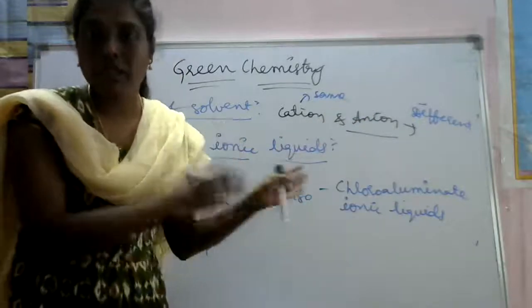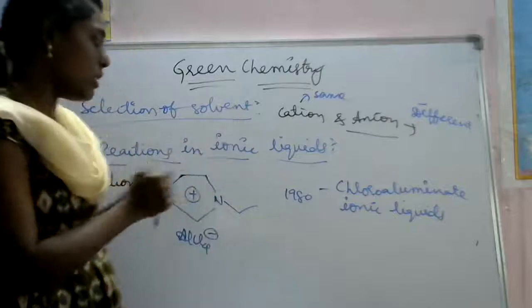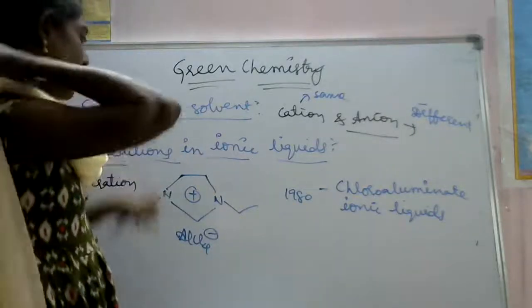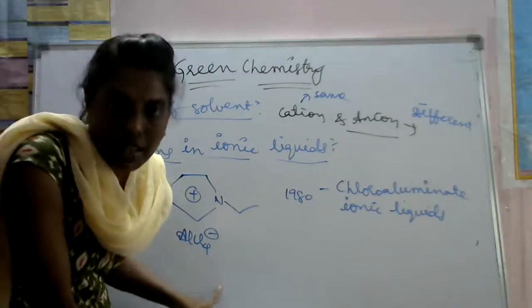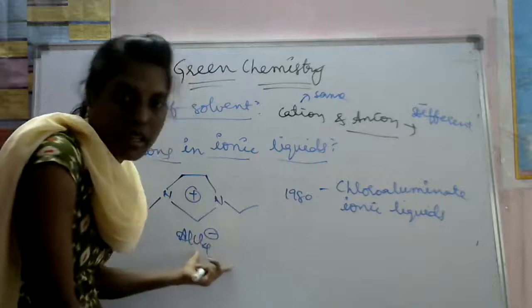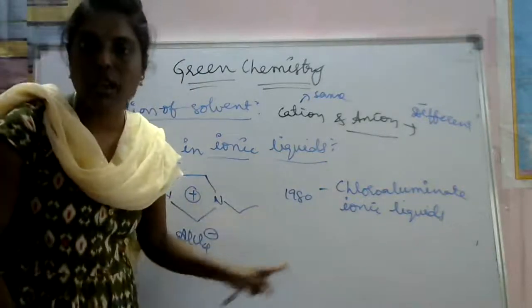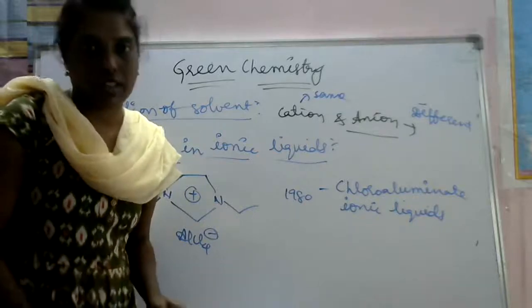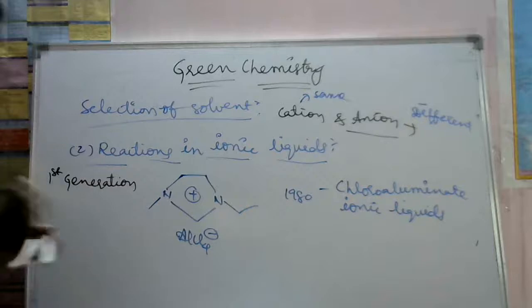In the first generation they used chloroaluminate as the anion. They first prepared this ionic liquid in 1980, and it is said to be the first generation catalyst.